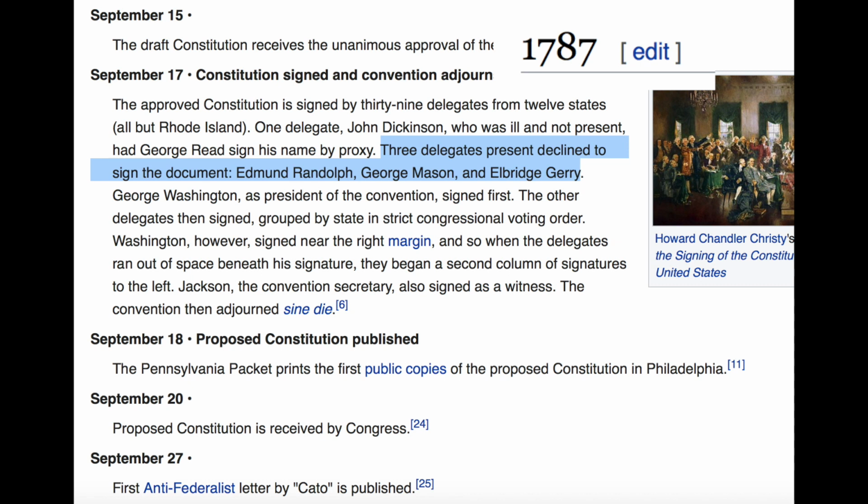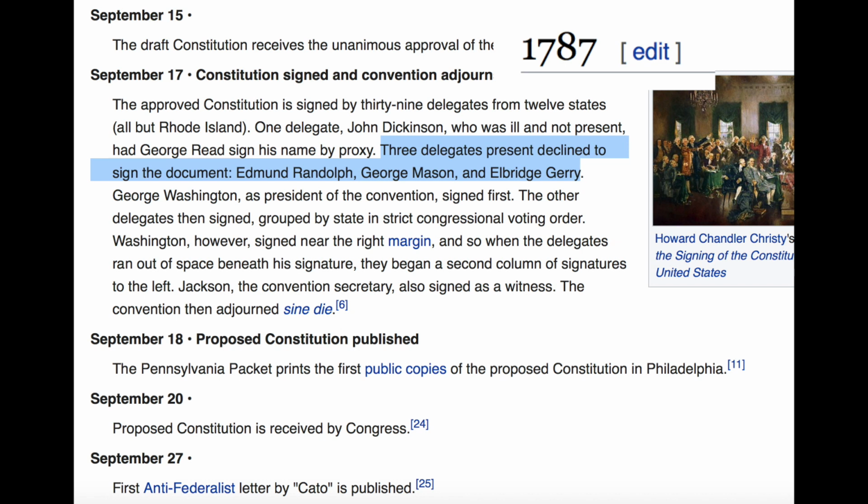Everything before this is just pretty much minor details of why these people were even getting together in the first place, how they were actually supposed to get together to make changes to the current constitution, the Articles of Confederation. They actually weren't meant to create a new constitution. So there's a lot of other subtle dates and subtle details. This is just something I want to point out, the dates from this point on. So September 17th, Constitution signed and convention adjourned.